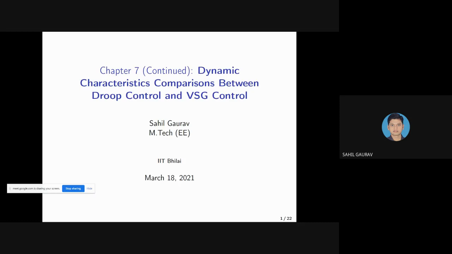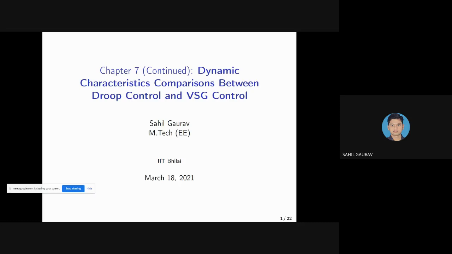Now in this lecture, we will see the comparison of dynamic characteristics between droop control and virtual synchronous generator control. The motto behind this lecture is to understand the difference between the two control methods caused by the presence of the swing equation, and the disadvantage of VSG control over traditional voltage source based grid supporting control.